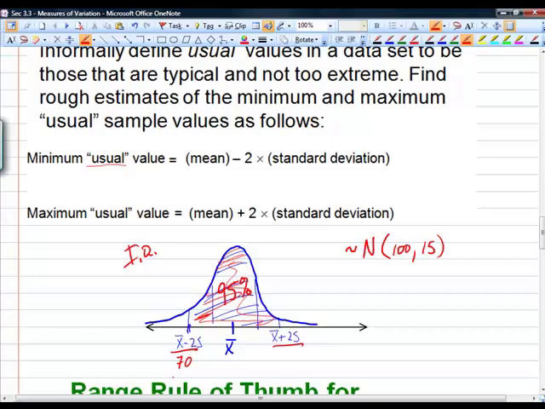And if we add 2 times 15, we end up with 130. So any IQ score between 70 and 130 would be considered usual, normal. So what that means is, or the implication is, IQ scores between 70 and 130 are considered usual. We wouldn't consider them unusual.